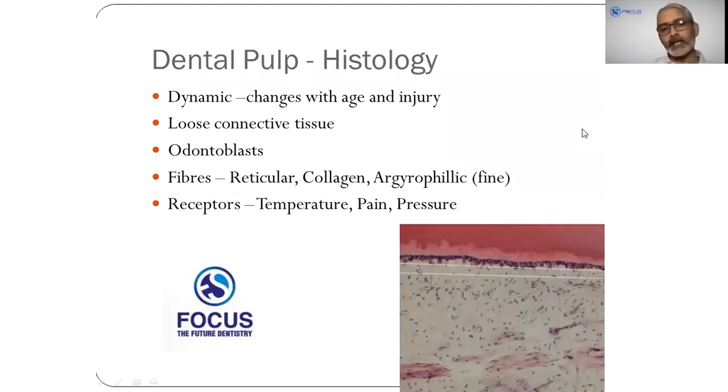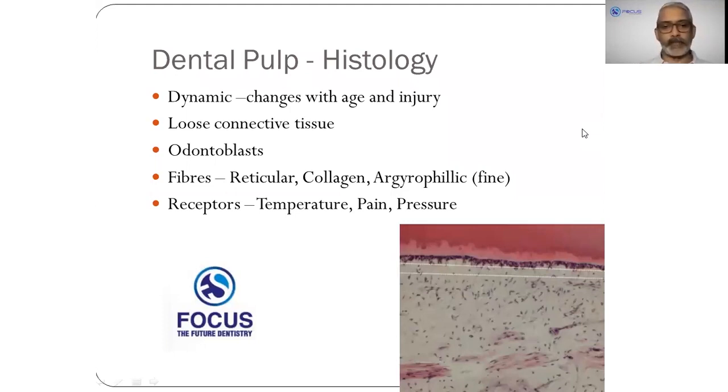It is generally a loose connective tissue what you have in the pulp, and along your dentine you have the odontoblasts which are lined very disciplined in a particular pattern.